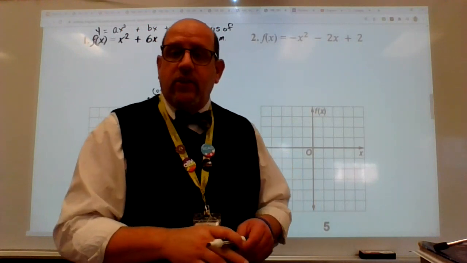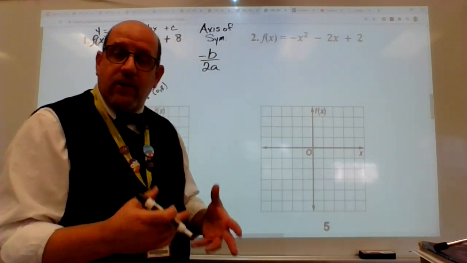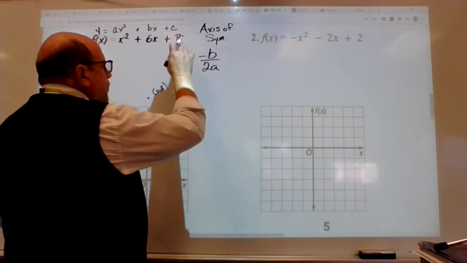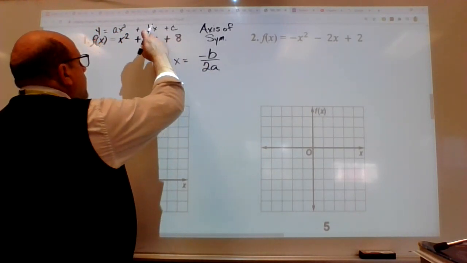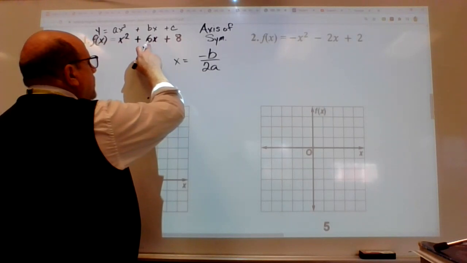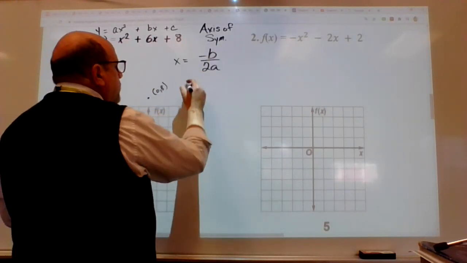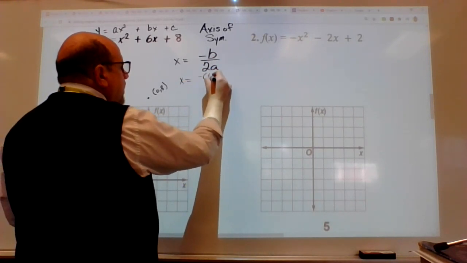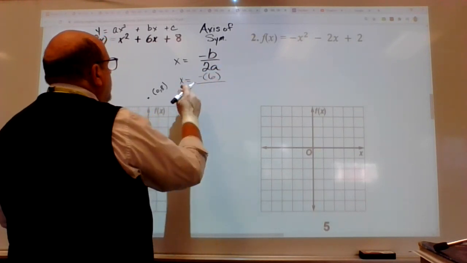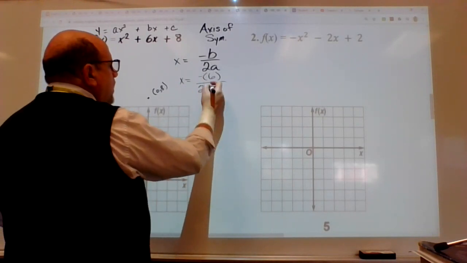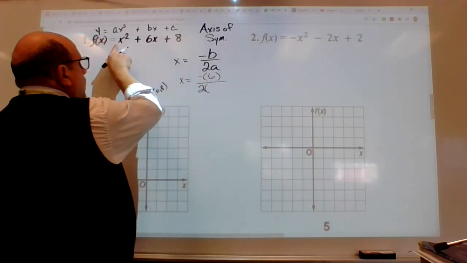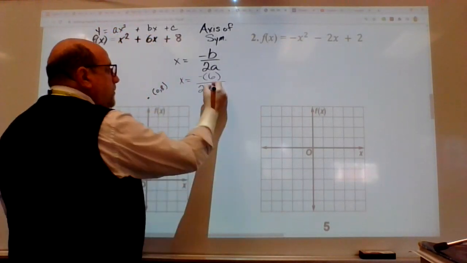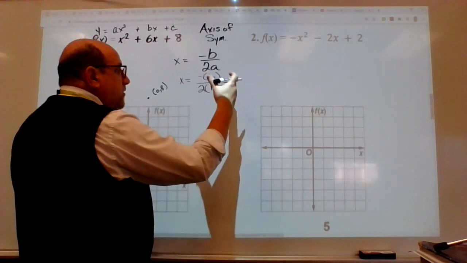The next thing I need to do is find my x value for my axis of symmetry. So I'm going to say x equals, and then I'm going to take my 6 and plug it in for b. So x equals negative 6, all over 2 times whatever a is, and a is just 1. So I'm going to plug in that 1, and simplify this.